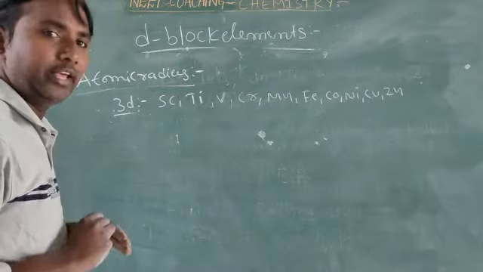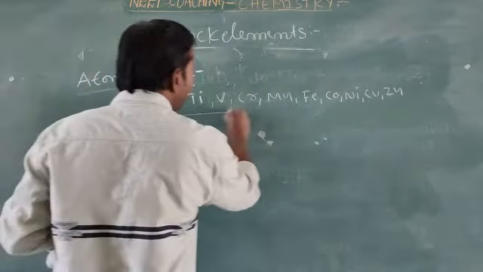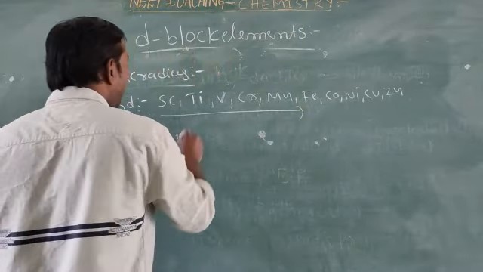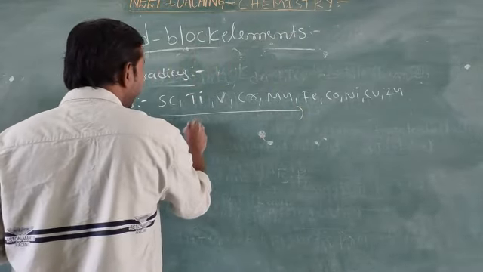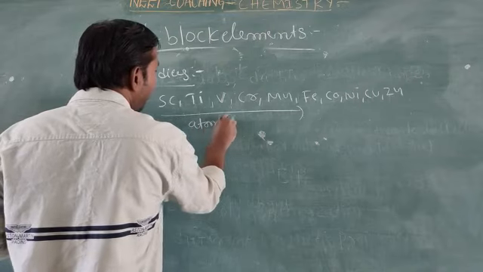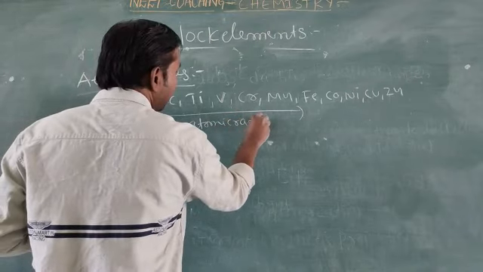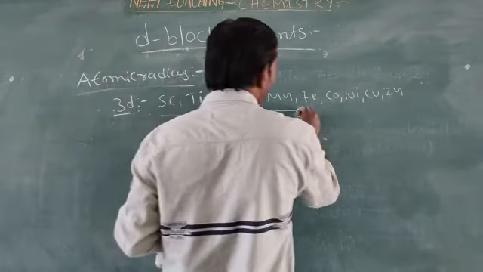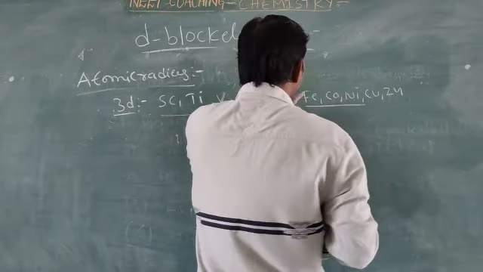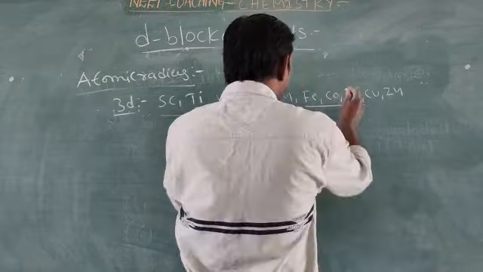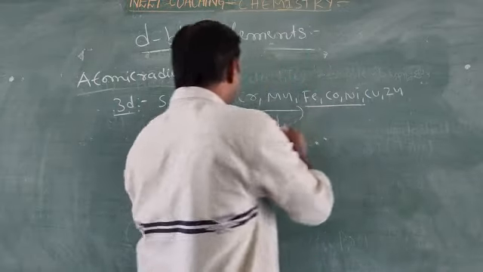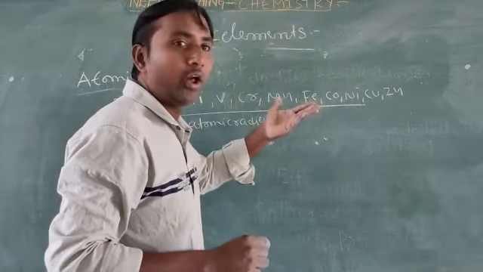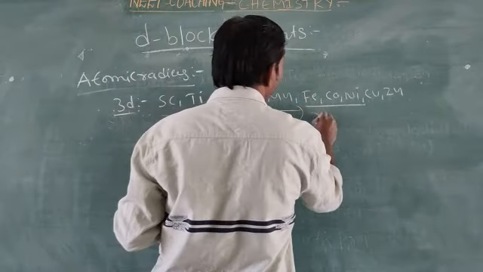In the 3d series, from scandium to manganese, atomic radius decreases. Then from iron, cobalt to nickel, atomic radius neither decreases nor increases; it remains constant.